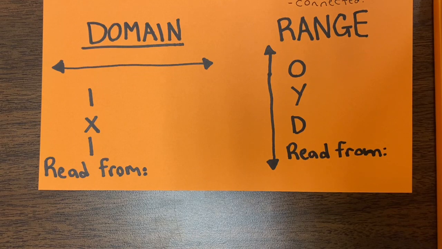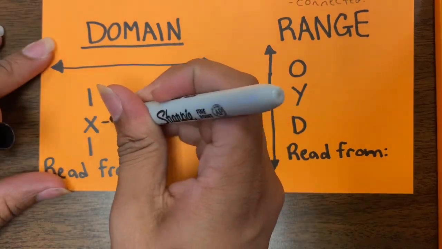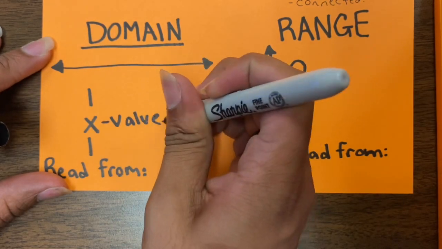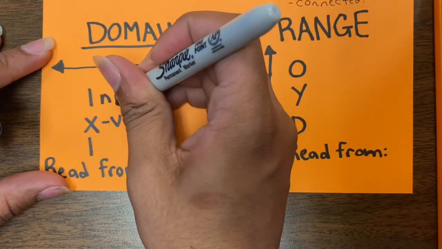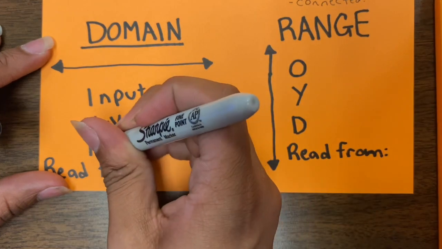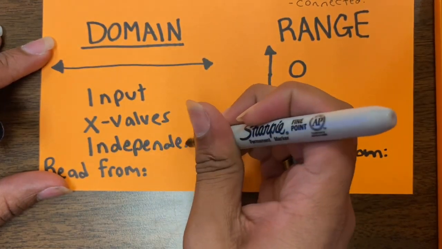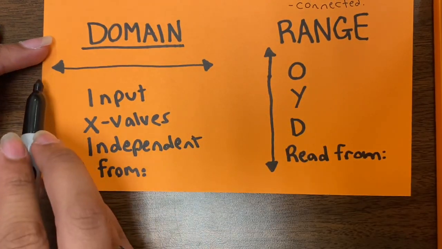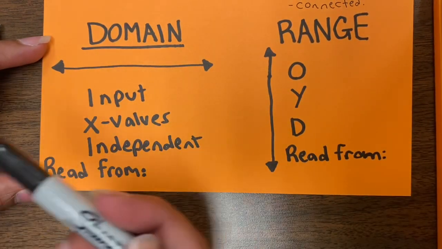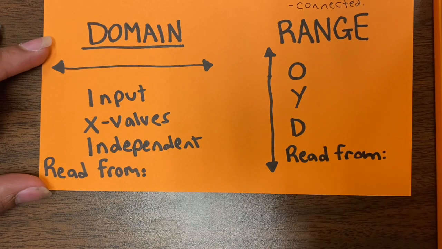And as a reminder, your domain are your x values. These are also your input and your independent variables. And you read it from left to right. So the smallest number to the left, all the way to the biggest number on the right.